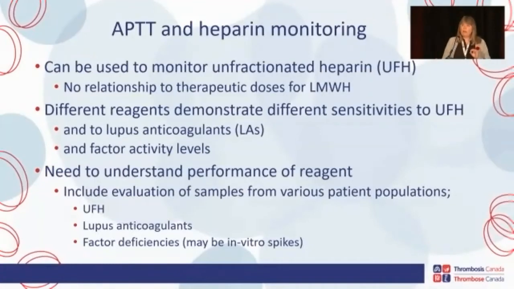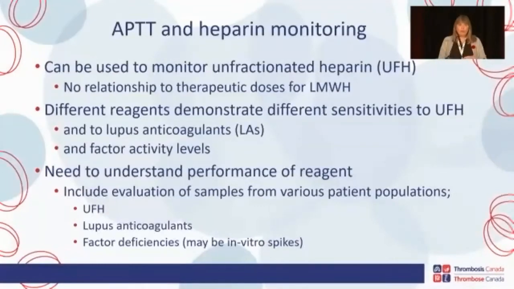All right. So there's a lot of variability, and there's a lot of PTT reagents on the market. I would recommend that you understand the performance of the PTT reagent that you're using for your clinical practices.